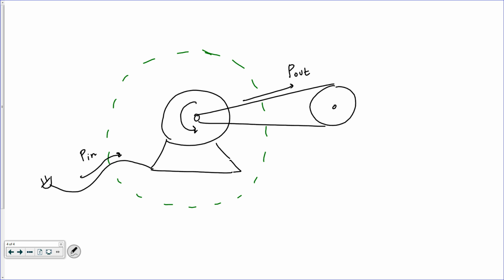Now in the ideal world, the power out would be identical to the power going in. But we know that if we were to take our hand and touch the surface of this device, it's probably pretty hot. The reason why it's pretty hot is because there's friction built in there, there's electronics, there's resistances, and so forth.